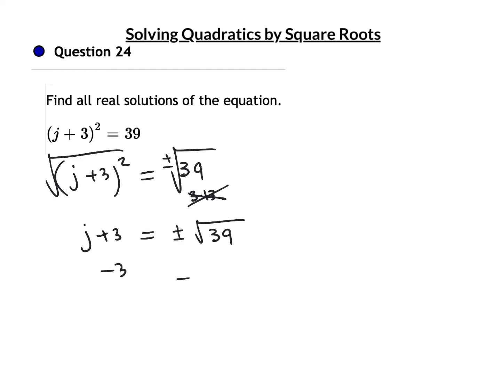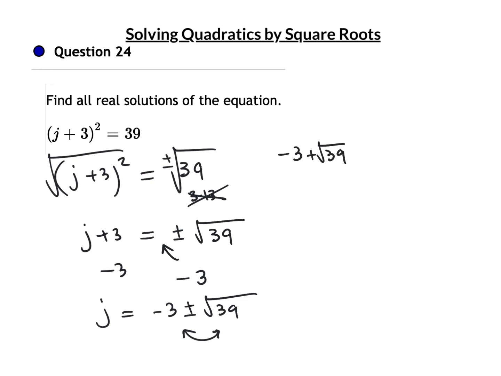We'll take a 3 off each side and pop that 3 in front. J equals -3 plus or minus the square root of 39. These are not like terms. I can't combine that or simplify that. Let's write that as two answers. Negative 3 plus the square root of 39 and negative 3 minus the square root of 39.